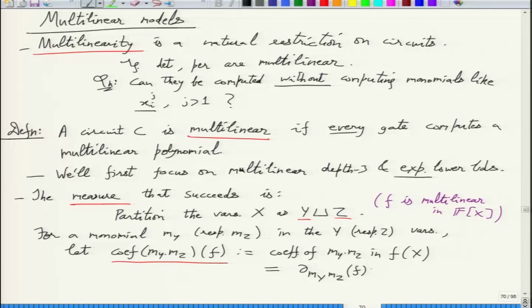In fact, in the polynomial yz square, the coefficient of yz is 0, right? So there is a slight gap between derivatives and coefficient, and that gap is filled by saying the derivative at the point 0. Okay, so you differentiate by this monomial and then set all the variables to 0. That is what gives you the corresponding coefficient, right? You can see this as a simple exercise.